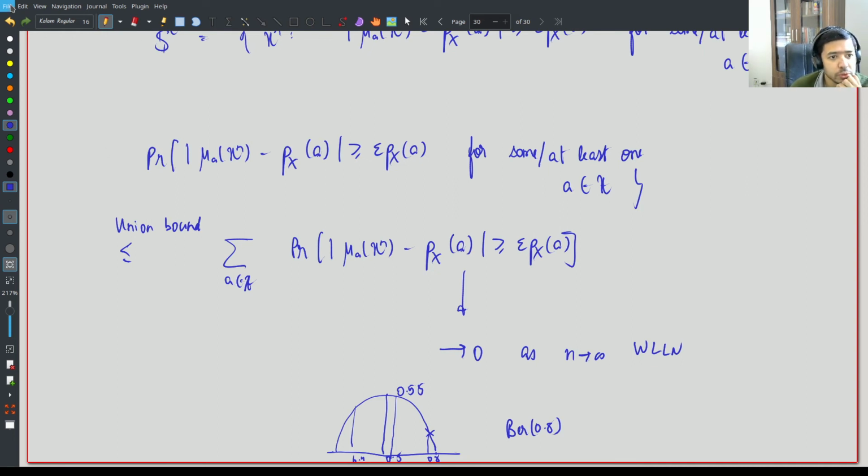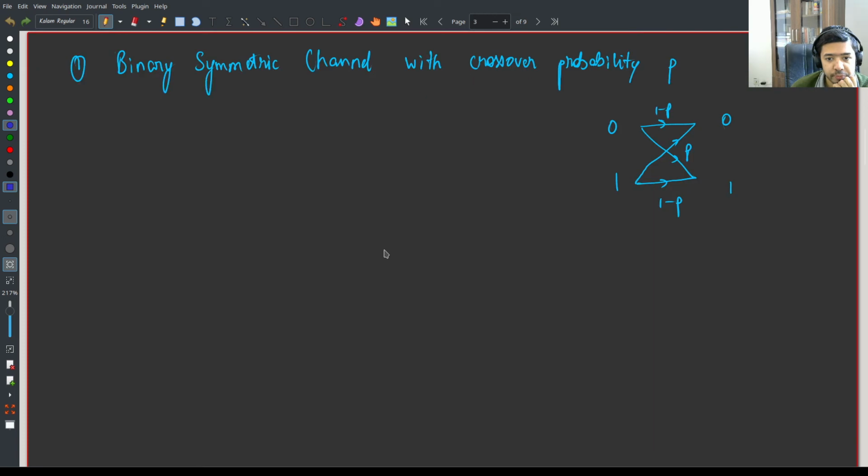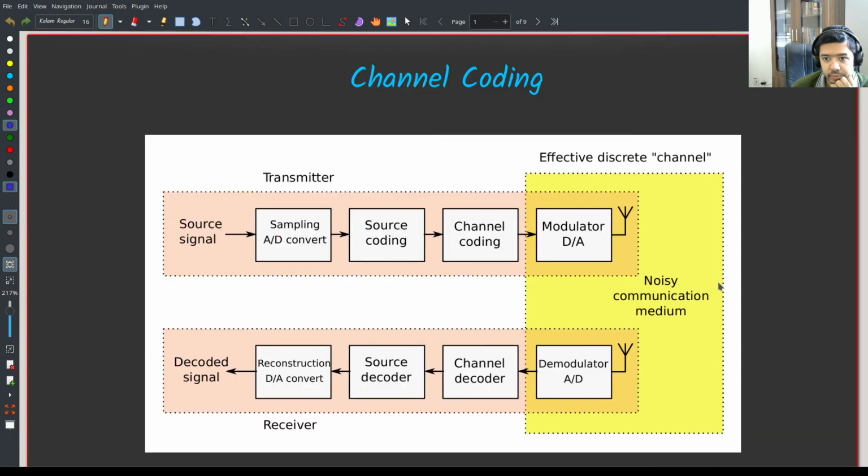Okay, so now we'll move to a different topic, which is channel coding. We've talked a fair bit about data compression.